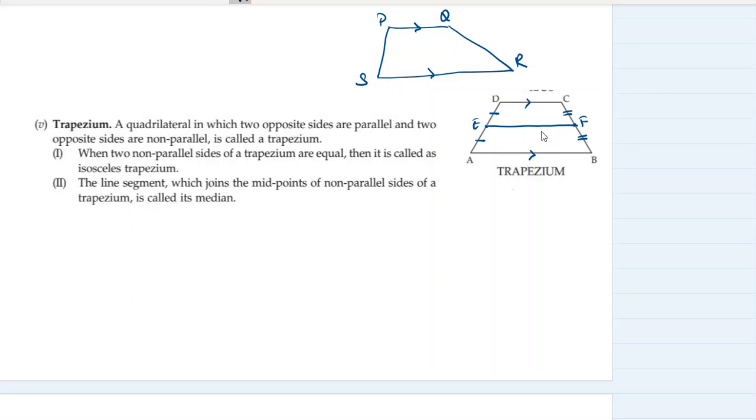EF क्या है, मीडियन. ये ट्रपेजियम का मीडियन है, इसको मीडियन बोलते हैं.